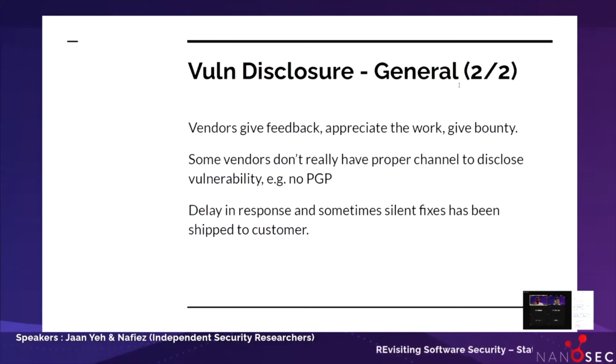So it's a good idea to have this, so that you have both parties to work with. And of course, they appreciate the work, and they will give you CVEs or bounties and a lot of things. In some cases, though, the vendors we have spoken to don't really have a proper channel to disclose vulnerabilities.